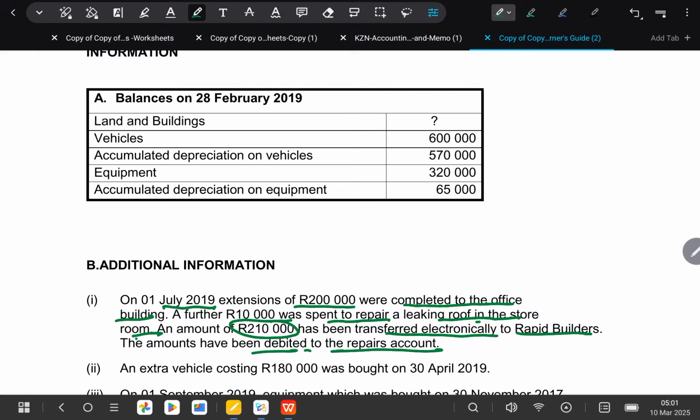Now the problem is that, remember, whenever you're doing an extension, it is part of the additions, but repairs cannot be recorded as part of your additions. So we need to only record the 200,000 part as an addition. If we're doing our income statement, we will need to also correct the repairs and take out the 200,000, so that we are left with only 10,000. This is how you are going to do this to show that there was an extension.